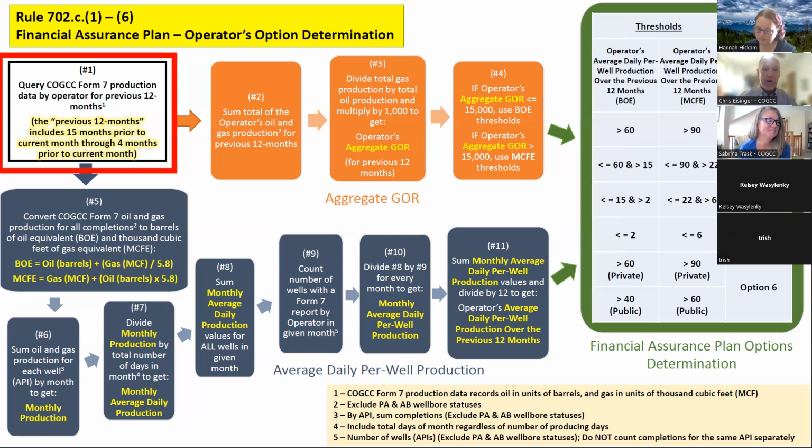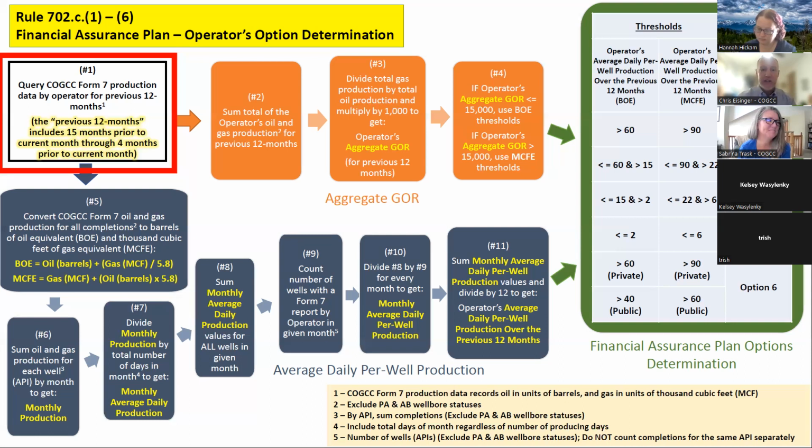And I just wanted to clarify that the previous 12-month window is going to be including 15 months prior to the current month through 4 months prior to the current month. Originally, I had put 3 months here, and that was not fully clear. And so I wanted to point out that correction.